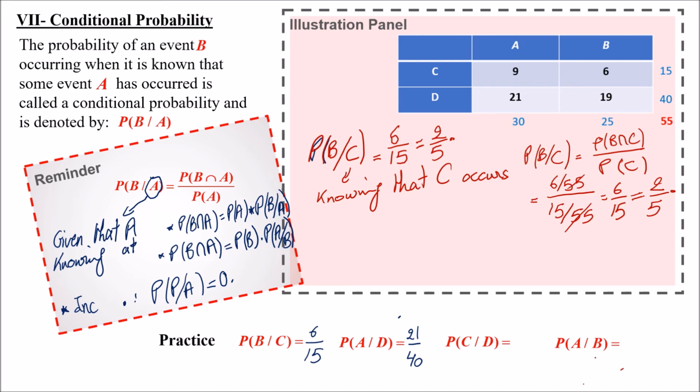If two events are incompatible, then the conditional probability related to them is equal to 0. So here we will write P of C given D is equal to 0, and P of A given B is the same, equal to 0, since A and B are incompatible.